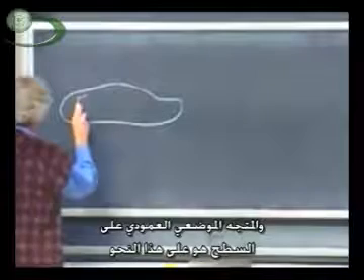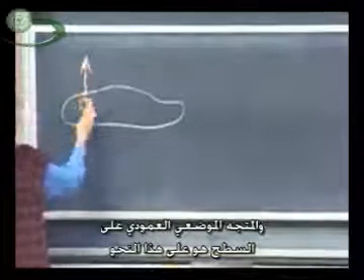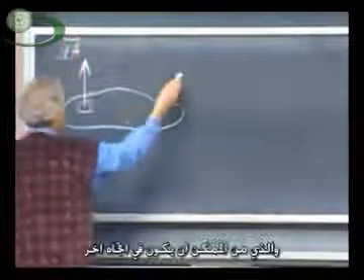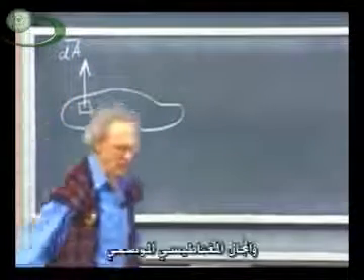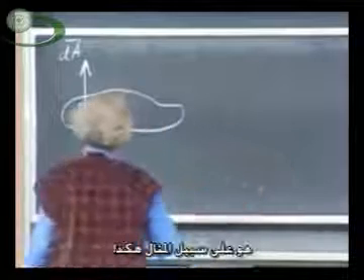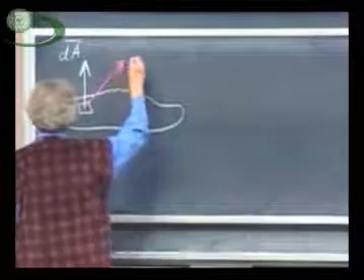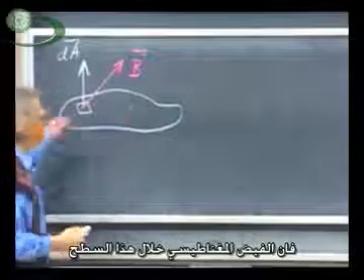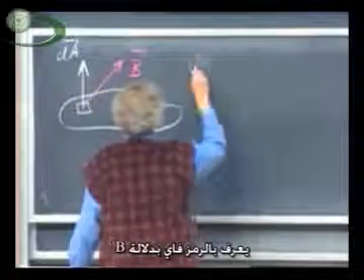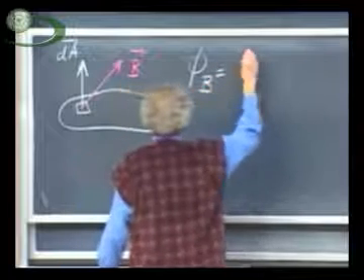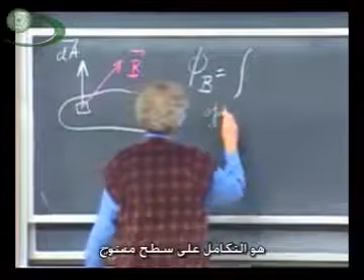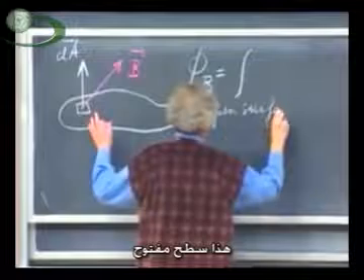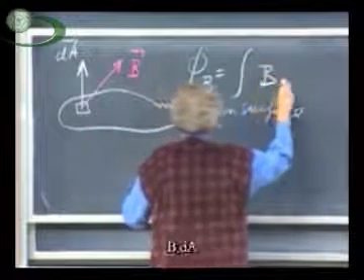If this is a surface, and the local vector perpendicular to the surface is like so, of course it could be in a different direction, and the local magnetic field is, for instance, like so, then the magnetic flux through this surface is defined, we call it phi of B, is the integral over an open surface of B dot dA.